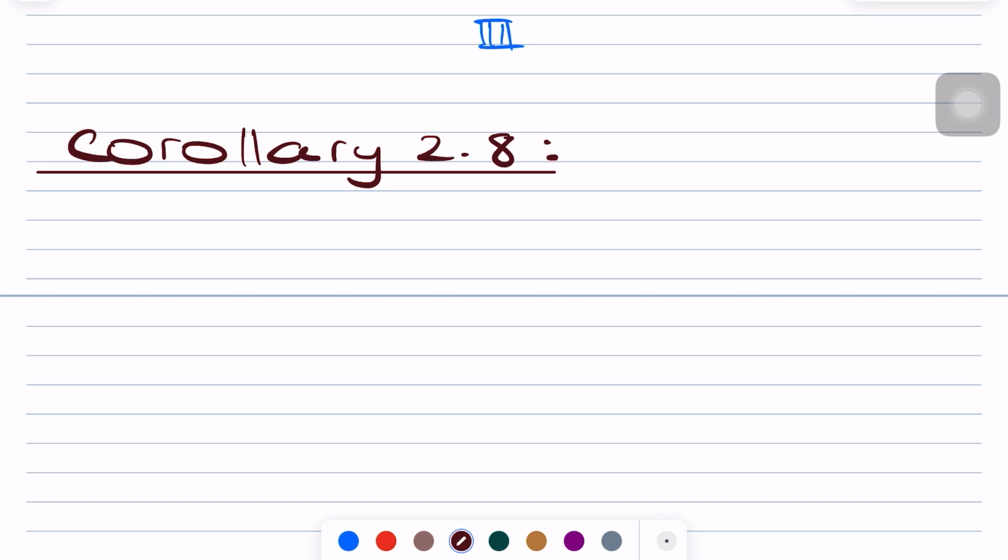So let E be a vector space, with two norms, say norm 1 and norm 2. We don't need two spaces, only one is enough.